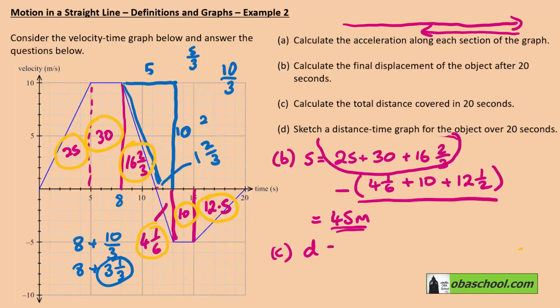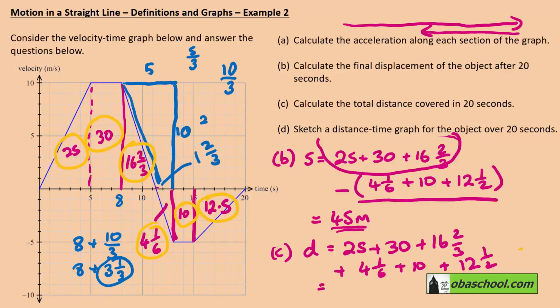So the distance is going to be 25, add 30, add 16 and 2/3, add the 4 and 1/6, add 10, add 12 and a half. So we're just going to add those all up to get the distance.